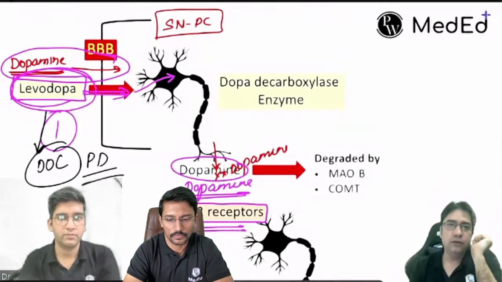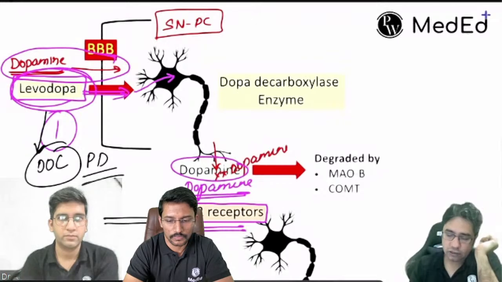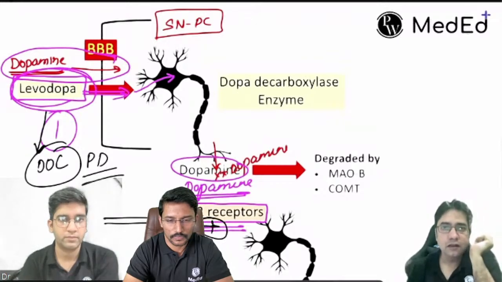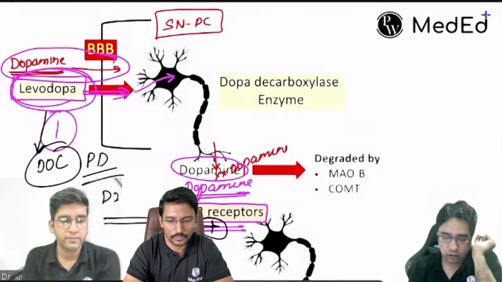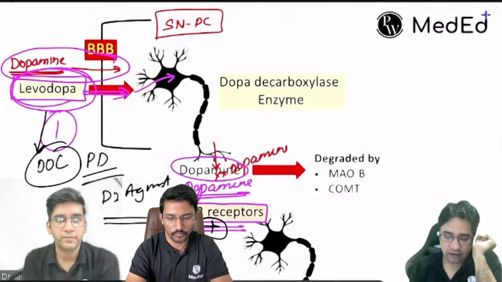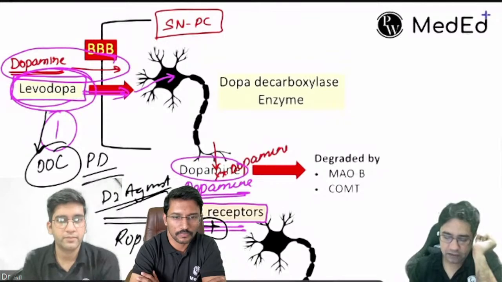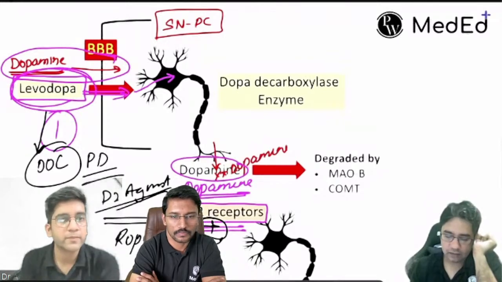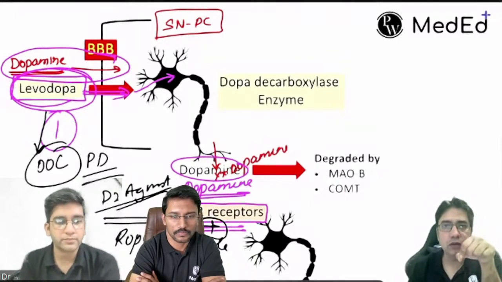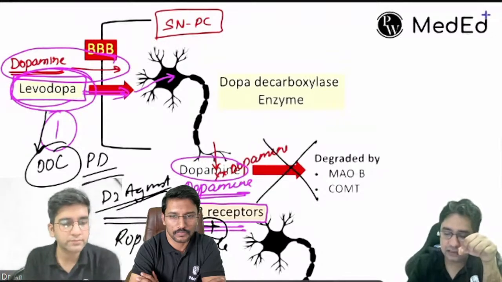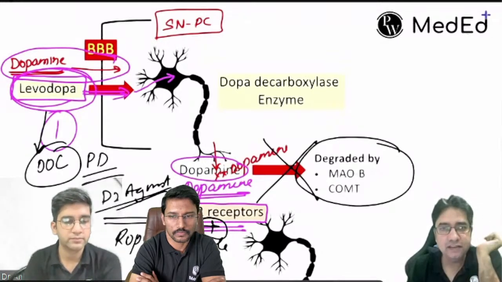Second thing, what we can do is, can we directly stimulate D2 receptor by giving D2 agonist? Yes, we have D2 agonist drugs like ropinirole, pramipexole, etc., which I will be teaching you. The third thing what we can do is we can inhibit this MAO and COMT enzyme.